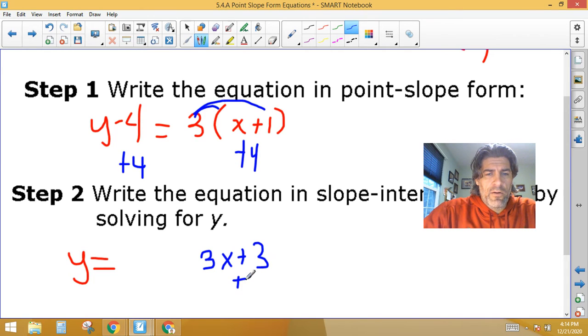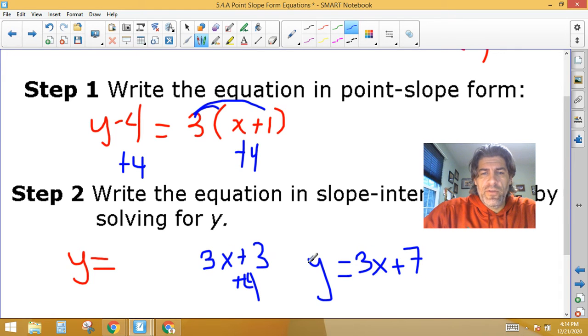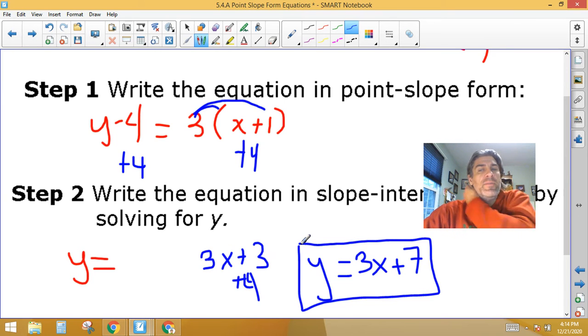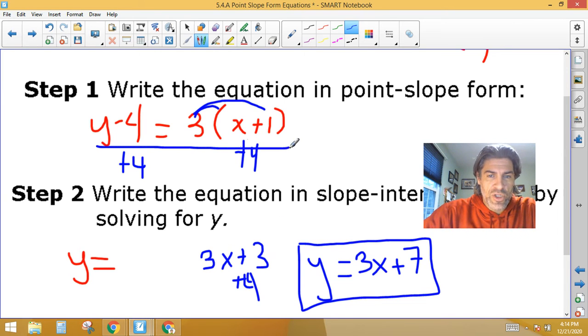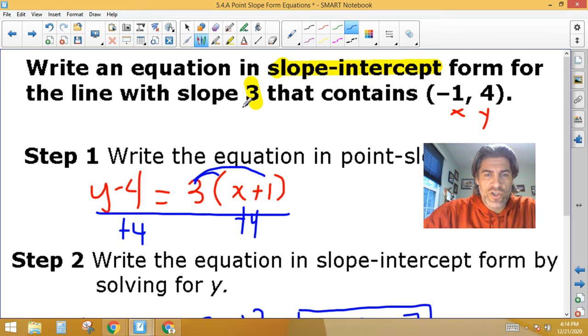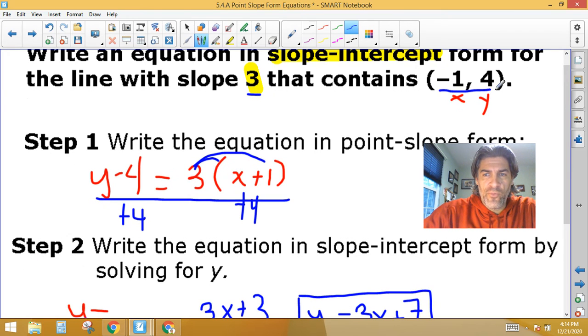So I'll add 4 here, and I get, oh, that's another 4. I will get y equals 3x plus 7. So this equation in slope-intercept form is the same exact equation as this one in point-slope form. That would have a slope of 3 and go through this point.